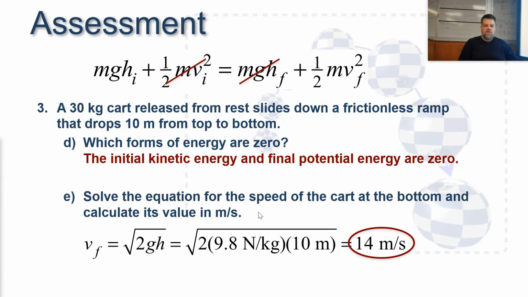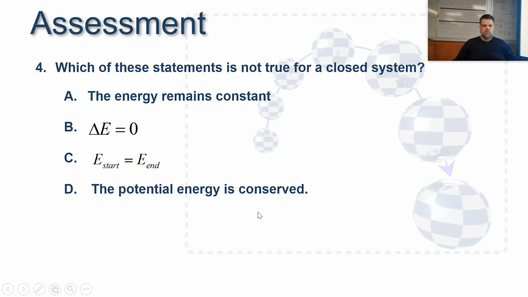All right, let's see what's next. So I want you to think about this. Which of these statements is not true for a closed system? Well, this is true for a closed system.